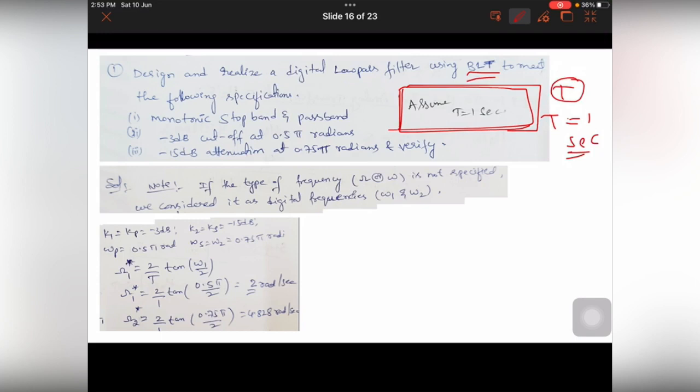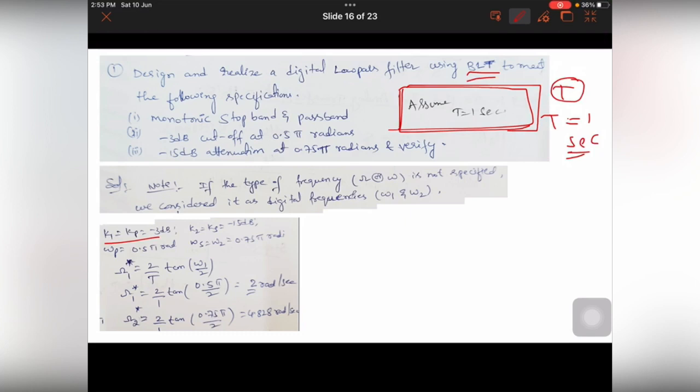Whether it is analog or digital, the gain remains the same, but the frequency will vary. We can observe based on the problem given whether the frequency is analog or digital. Here, with bilinear transformation, the given frequency is automatically digital.